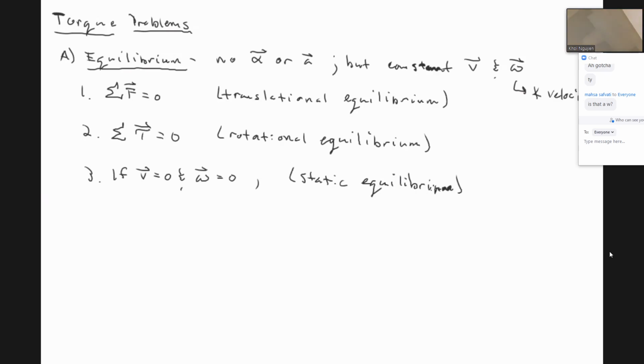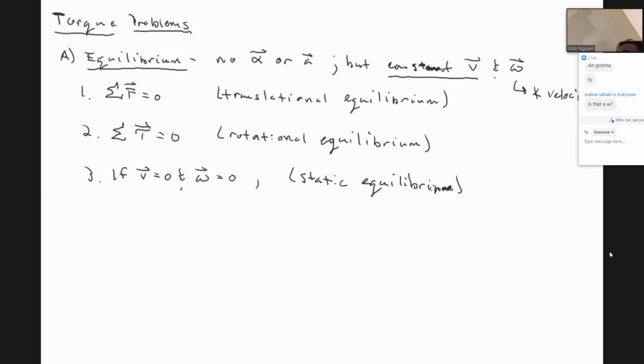Okay, so going back to translational equilibrium, keep in mind that even though acceleration is equal to 0, you can be moving at a constant velocity. And for rotational equilibrium, if the net torque is equal to 0, we can be rotating at a constant angular velocity, okay? So just keep that in mind.